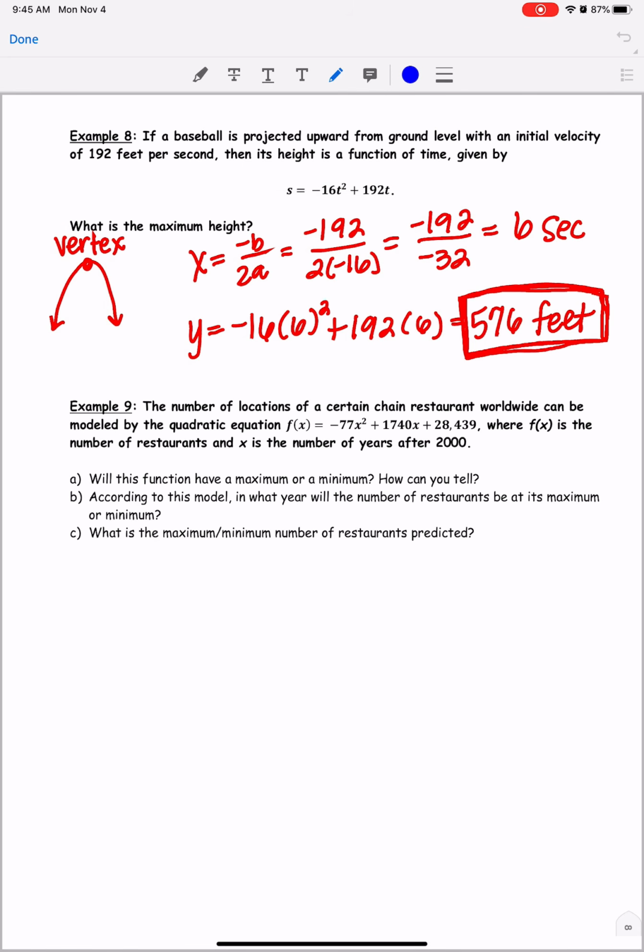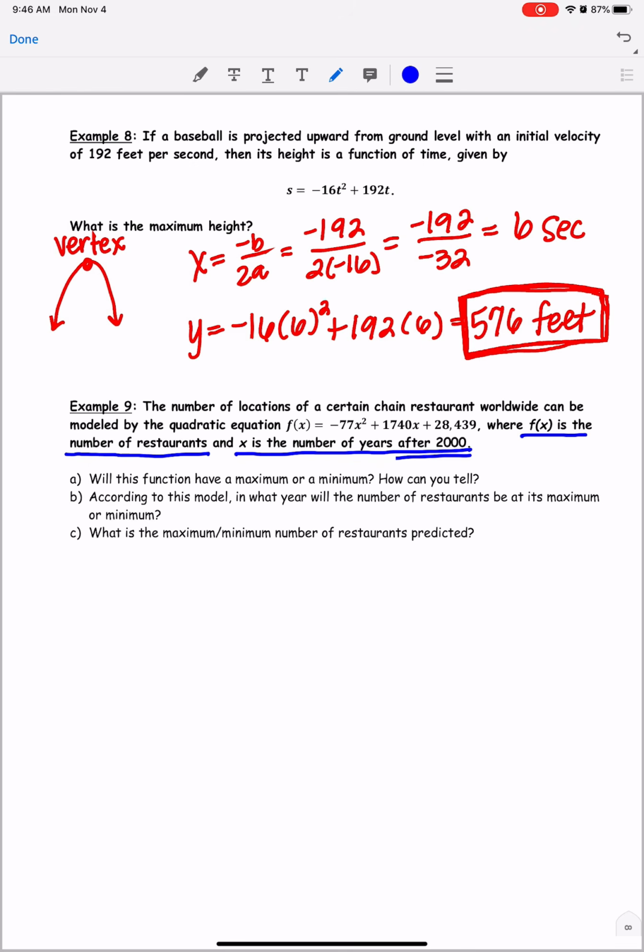Our last example. The number of locations of a certain chain restaurant worldwide can be modeled by the quadratic function or quadratic equation f of x equals negative 77x squared plus 1740x plus 28,493, where f of x is the number of restaurants and x is the number of years after 2000.